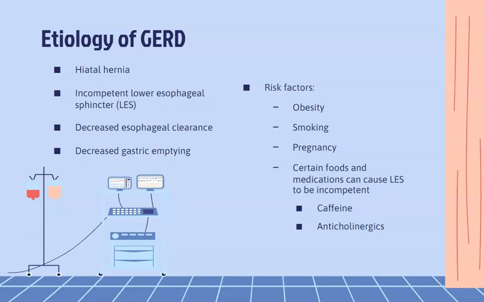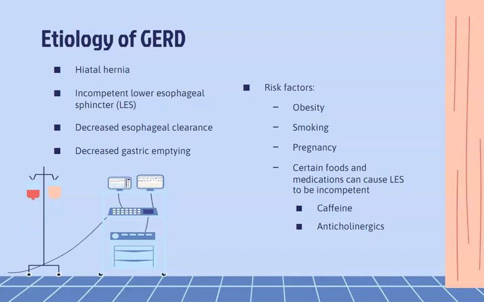A hiatal hernia can cause GERD, and that is where there's a little bit of basically outpouching of the stomach up through the diaphragm, and we'll cover those a little bit later in the lecture. One of the biggest reasons that we see GERD occur in our clients is a lower esophageal sphincter that has become incompetent. So it's lost its ability to close all the way. It maybe doesn't close as fast as it should.